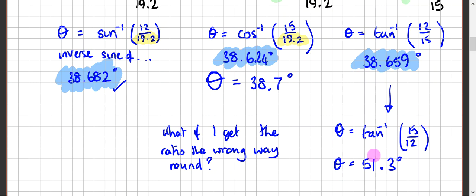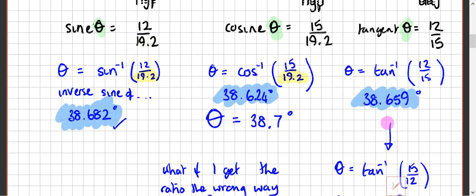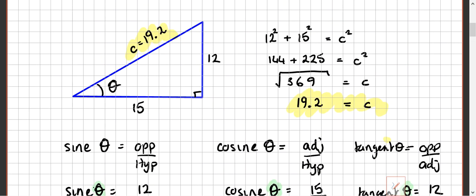It looked at something different. The other end. Yes, there you go. If I say this one's the adjacent by mistake and this one's the opposite, well, which one is it adjacent and opposite to? The angle on the top one. Right.